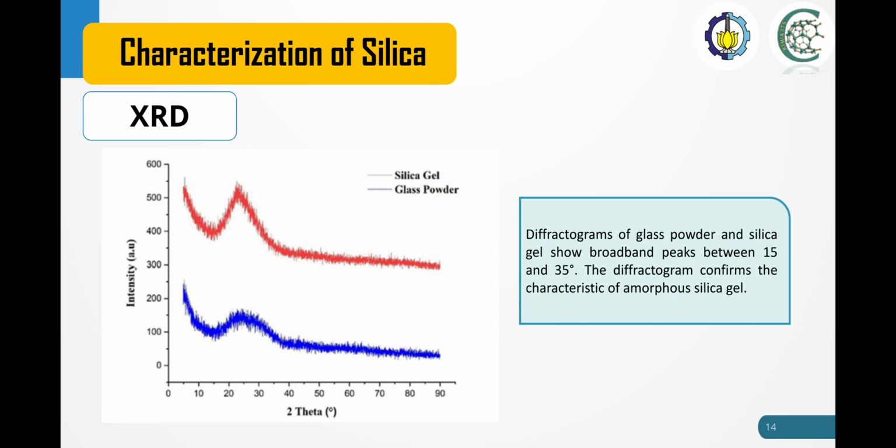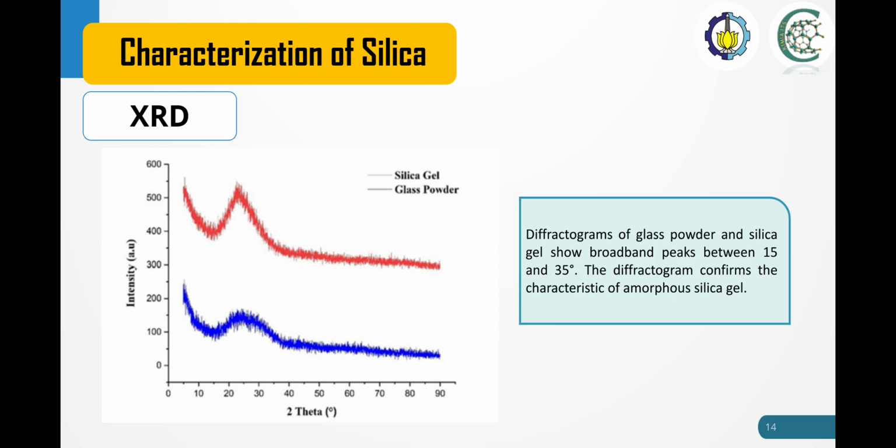Characterization of silica using XRD, X-ray diffraction. That picture shows the diffractogram of the chemical bottle wash and synthesized silica gel. And we can see that the diffractogram of glass bottle powder and silica gel shows broad peaks between 15 and 35 degrees.